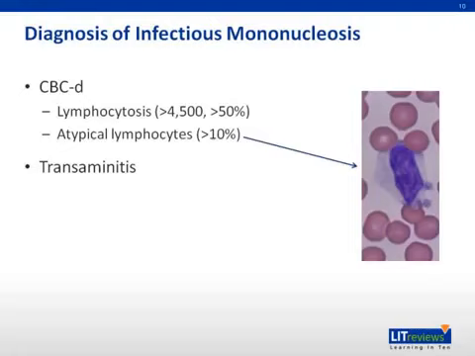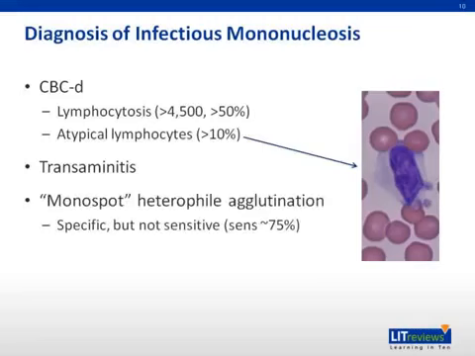You'll also order a hepatic function panel to look for transaminitis or elevated AST or ALT. And you'll likely order a monospot, also known as the heterophile agglutination test. And this is a test that can provide a rapid answer as to whether or not a patient has mono. The test is highly specific, so if it comes back positive, the patient does indeed have a diagnosis of mono, but it's not extremely sensitive.